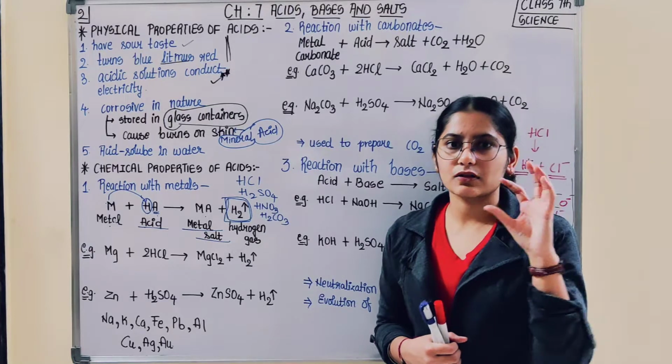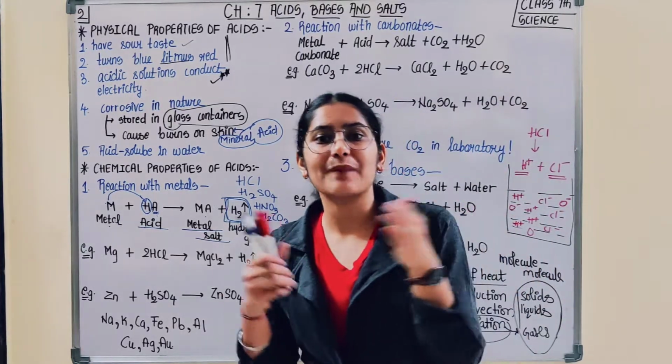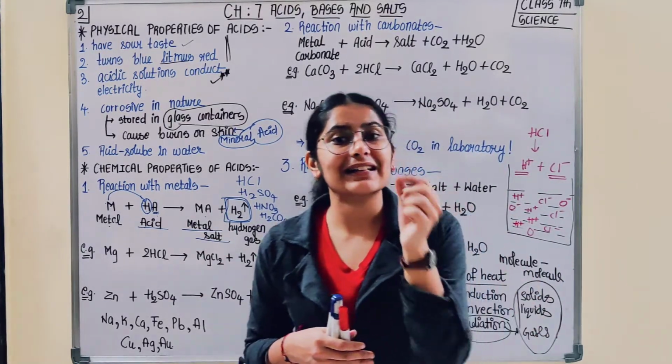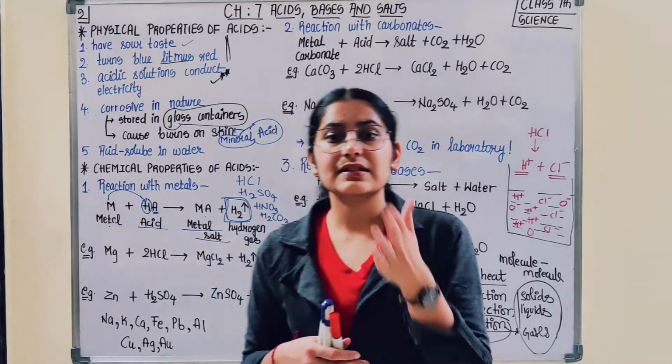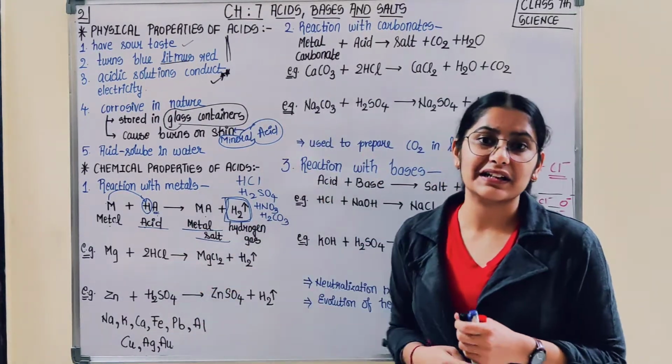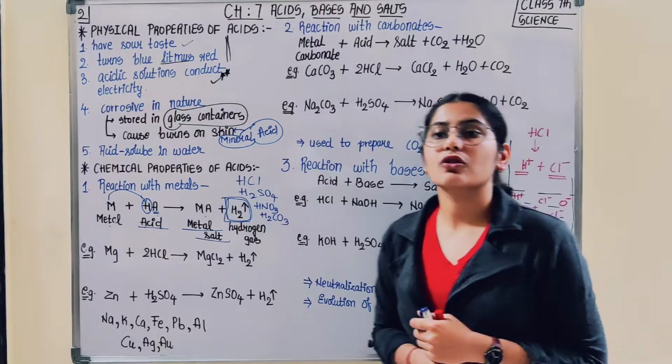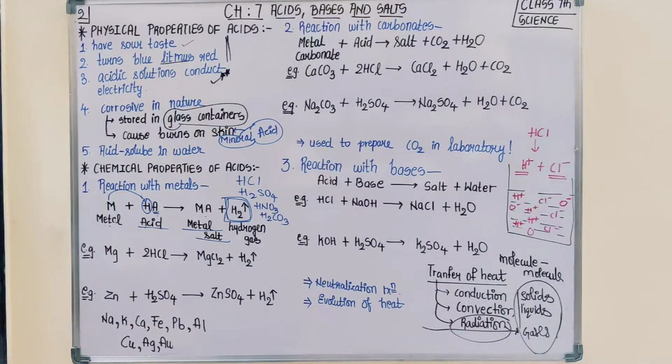Whichever metal the container is made of, you would be getting the salt of that metal instead of the acid you stored in it. So this is why we avoid storing acids in metal containers.